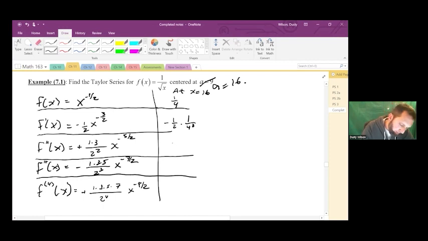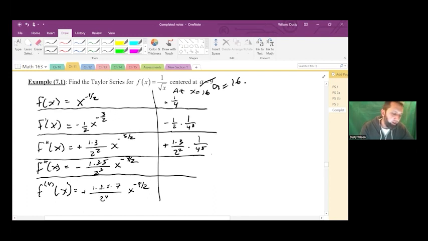Next term is going to be positive, so it went positive, negative, positive. So we're going to get 1 times 3 over 2 squared times 1/4 to the 5th power.